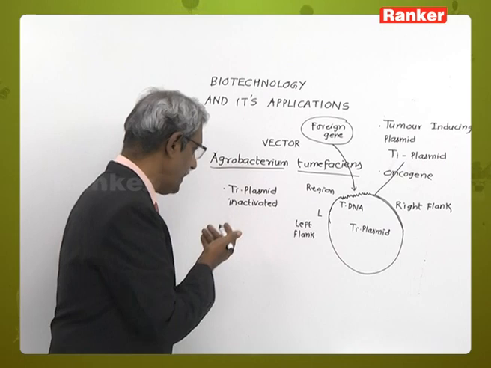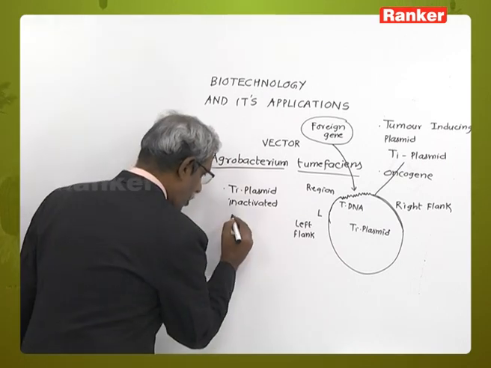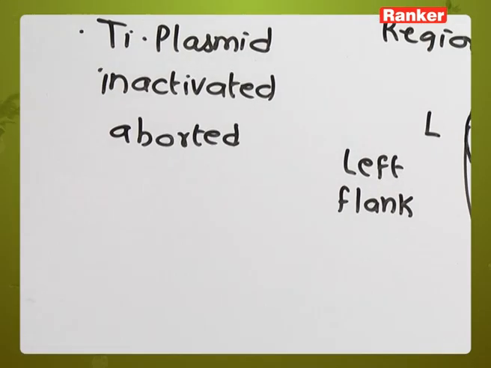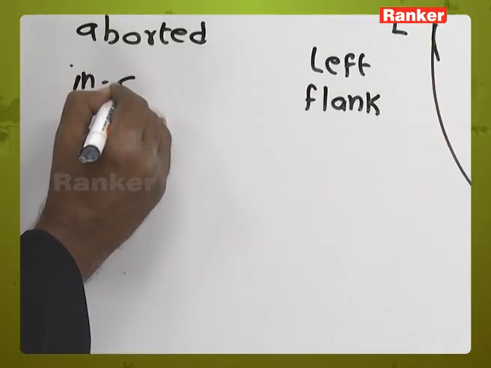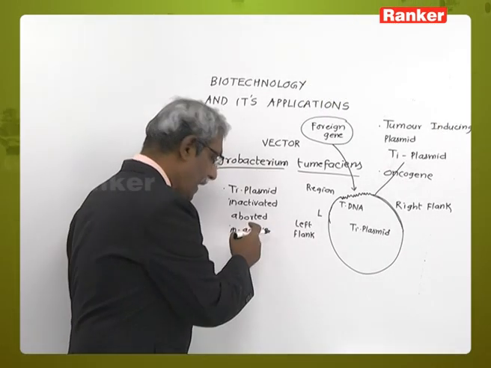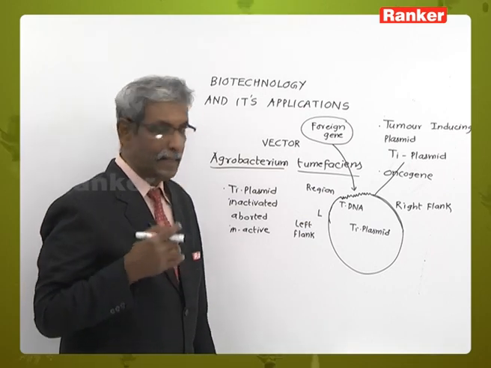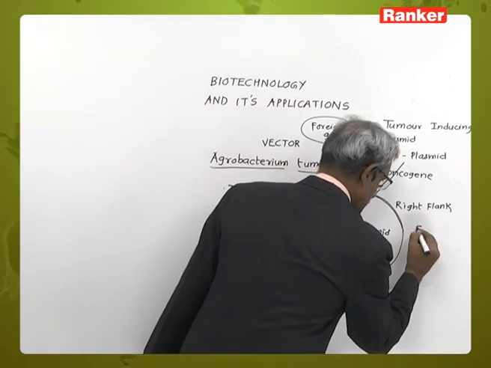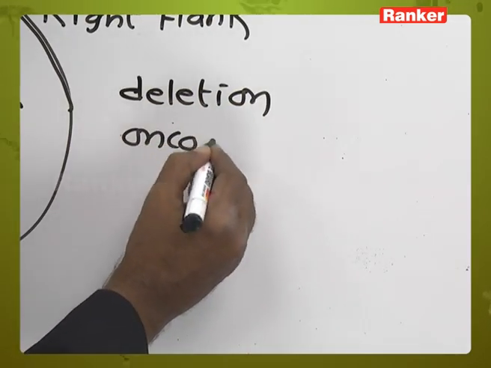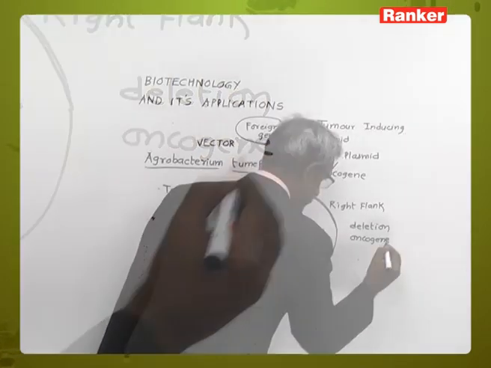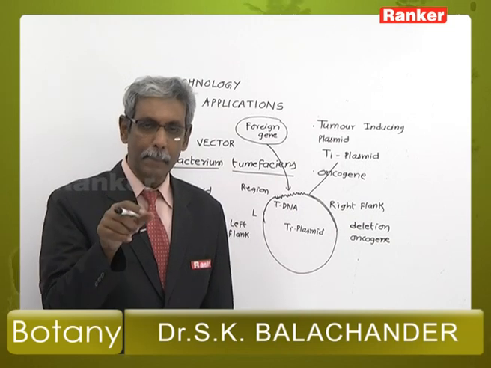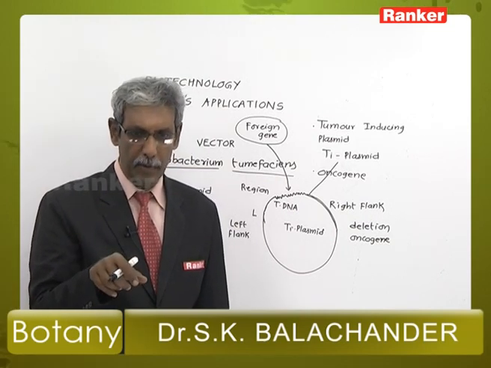It gets inactivated, or aborted, or you can say it becomes inactive. The reason is that there is deletion of the oncogene. The place where the cancerous gene is present is cut off, and in that place your foreign gene of interest comes in.